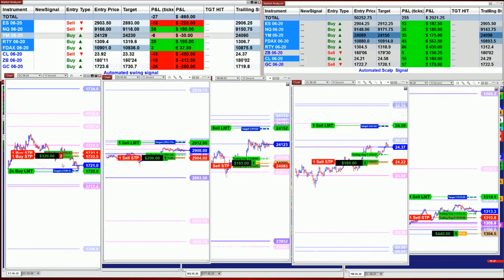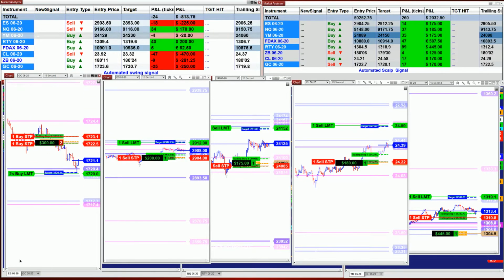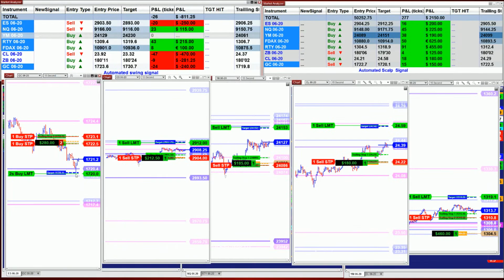And once you start learning, as an example here, this is the system on the gold. It was $500, and the system estimated to close at 1720. And then we missed by one tick.